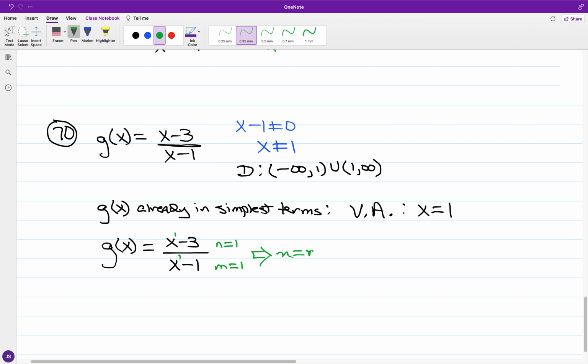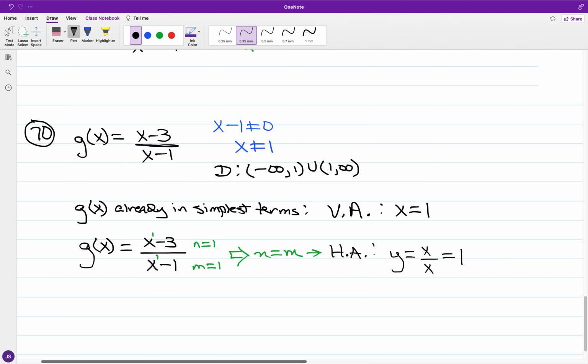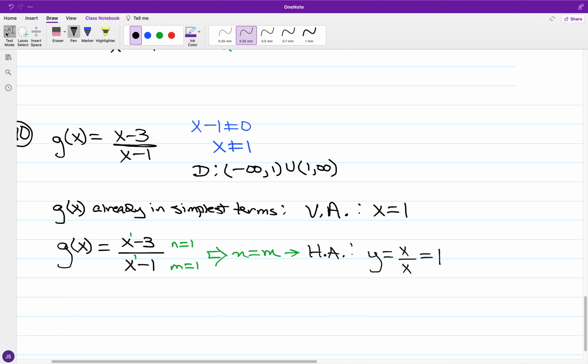So n and m are equal to each other, and so we'll have a horizontal asymptote. This is going to be at y equal to the constant resulting from taking the ratio of the highest degree terms in the numerator and denominator. So we've got x over x, and this goes to 1. So vertical, we have x equal to 1, and for the horizontal, we have y is equal to 1. So you have two asymptotes in reference to our function g of x, or y, is equal to x minus 3 all over x minus 1.